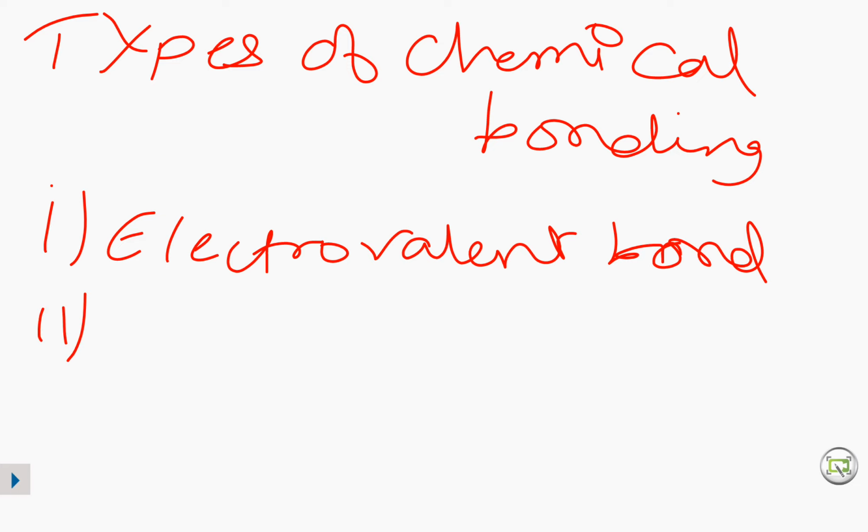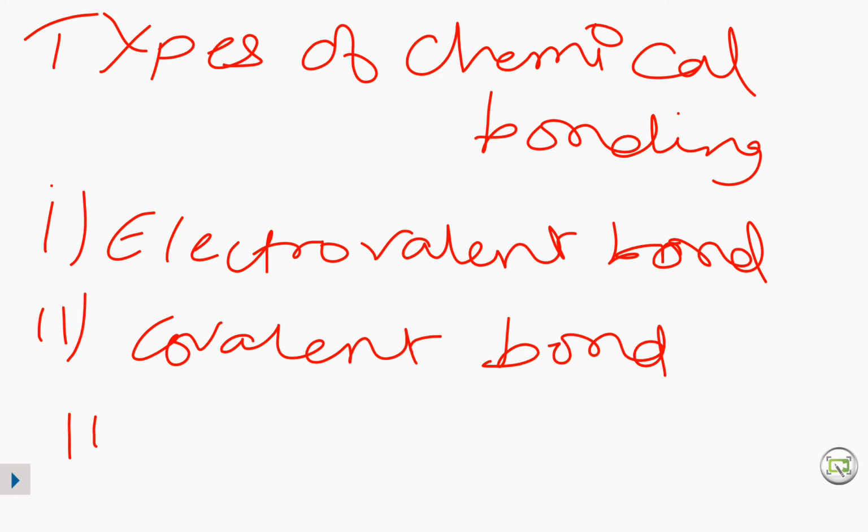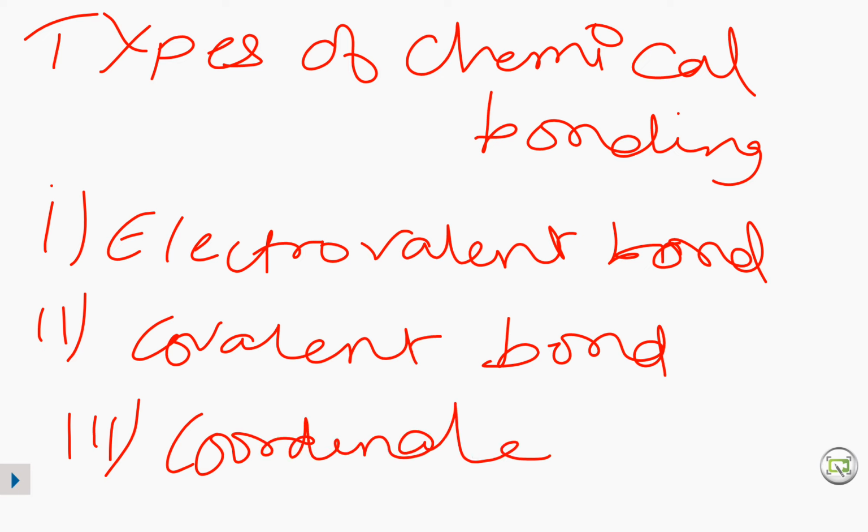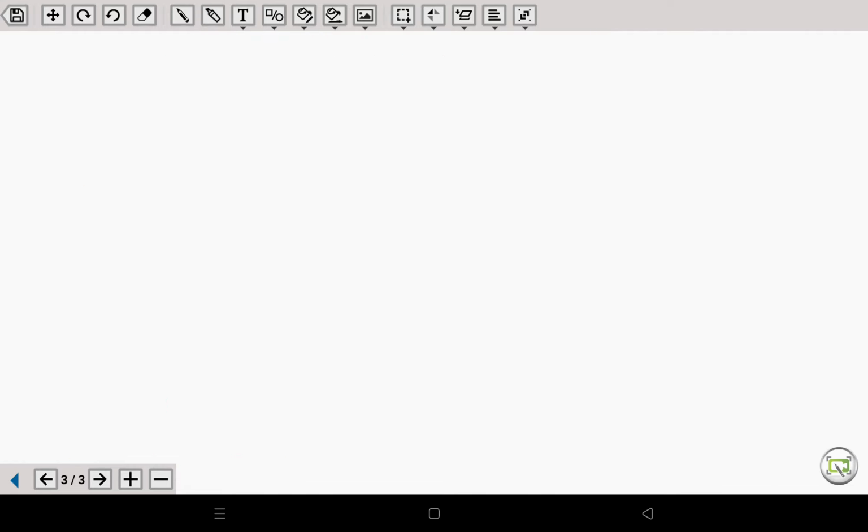Second, covalent bond. And at last we will learn coordinate bond. We have been learning electrovalent and covalent, but for the first time we are going to learn coordinate bonding. Okay, so let us begin.